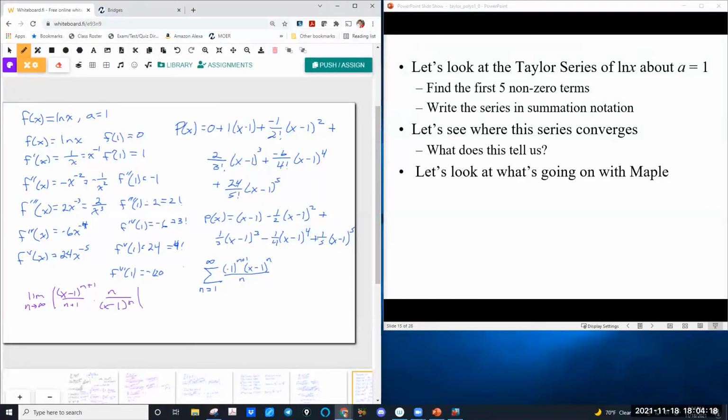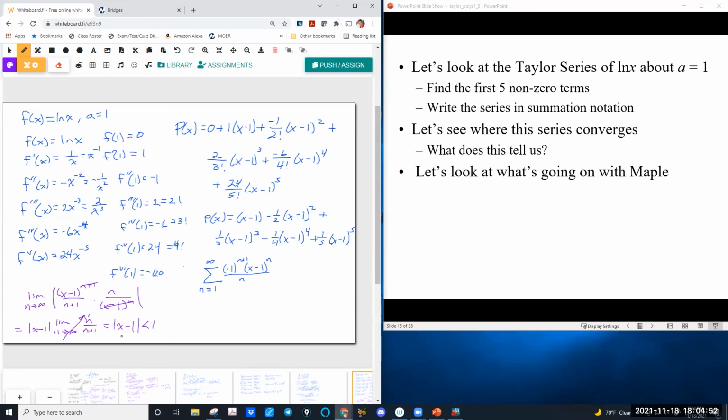Similar canceling as before. There's n x minus 1s here, and n plus 1 of them there. That's about all the canceling we can do, but that allows us to pull that x minus 1 out. And we've got the limit as n goes to infinity of n over n plus 1. We saw that one before. We know this goes to 1. So the absolute value of x minus 1 has to be less than 1.